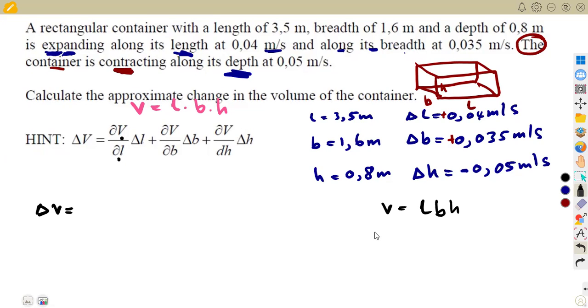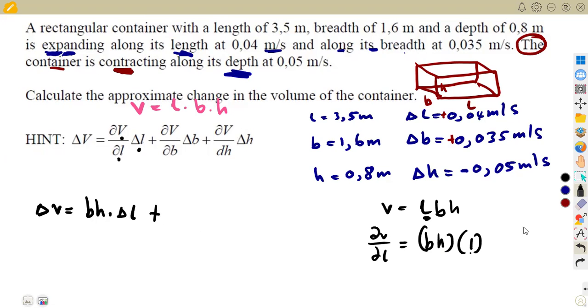With respect to the length, it means that the breadth and the height, which is the depth, are constants. Remember, what you're differentiating is length. So if I differentiate L, what do I get? That's a 1. So 1 times BH, this is going to be BH. So that's BH times the change in length.